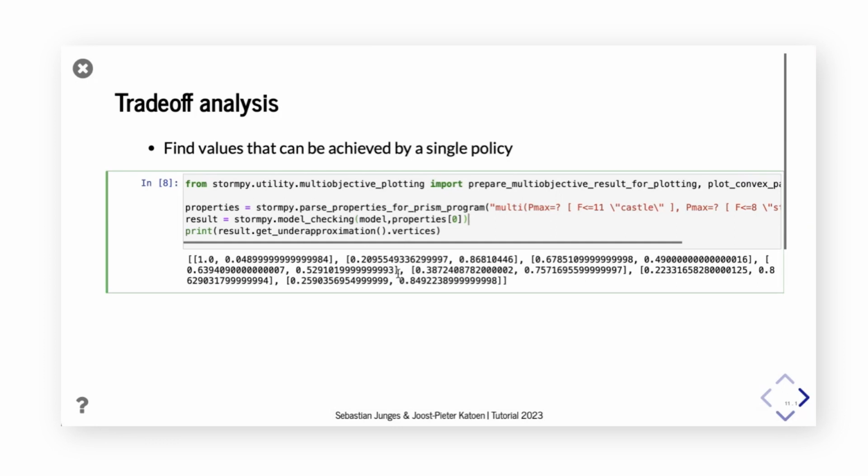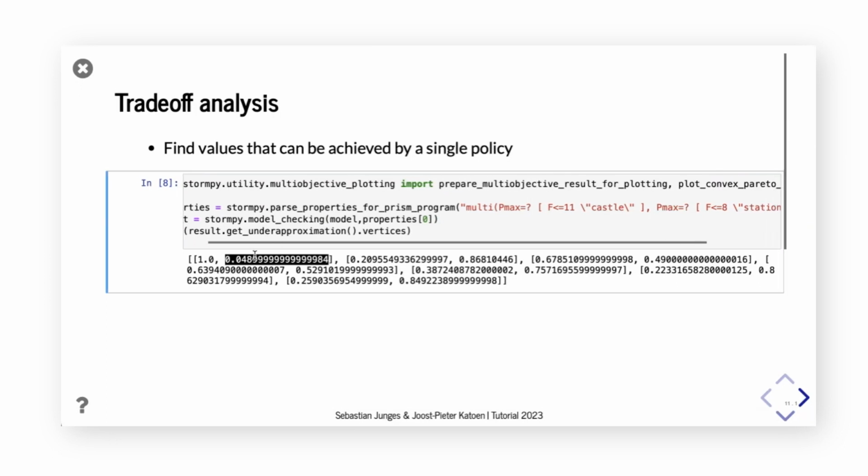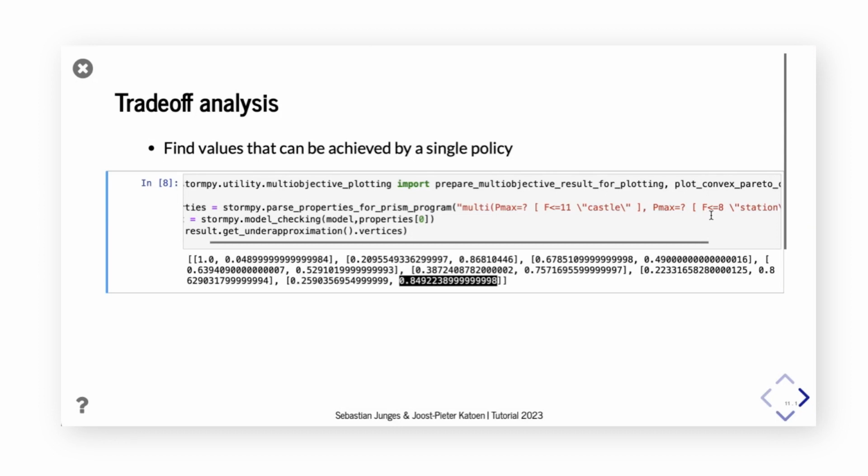These are a number of two-dimensional points, which, for example, mean you can reach the castle within 11 steps with a probability of 1, but then you will only reach the station within 8 steps with a probability of 0.5. On the other hand, if you optimize only going to the station, then you will reach that with roughly 85% probability, while only reaching the castle with a 26% probability.